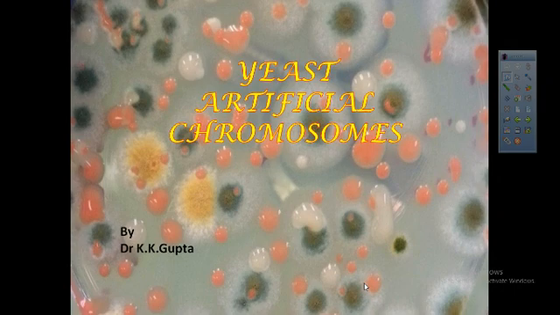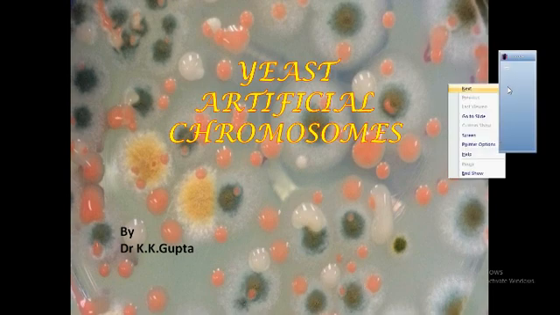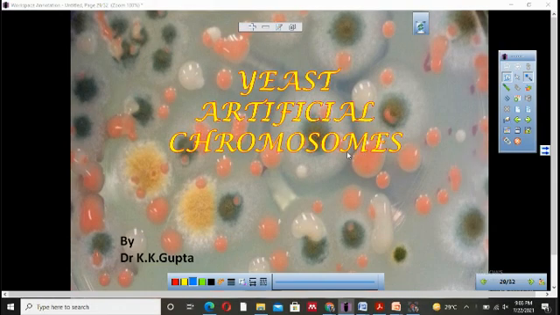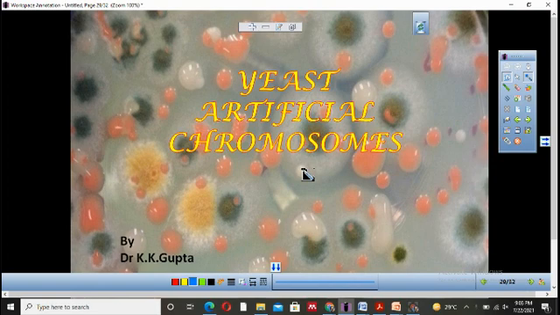This time I'm explaining what artificial chromosomes are. In fact, in biotechnology, our purpose is to clone the DNA or express the DNA into some translational product. So how can it be possible?